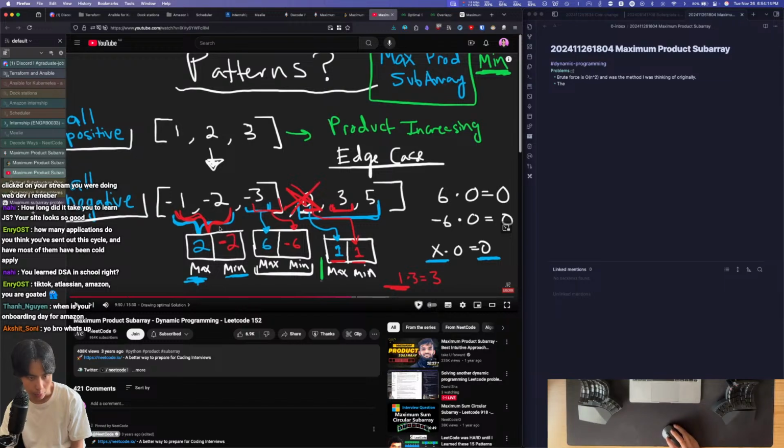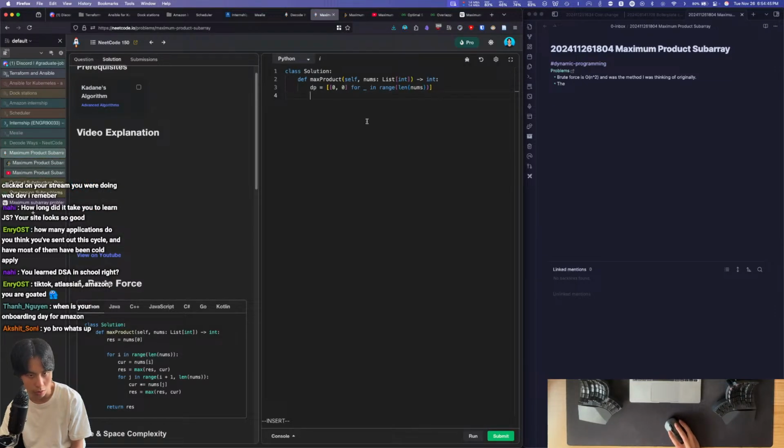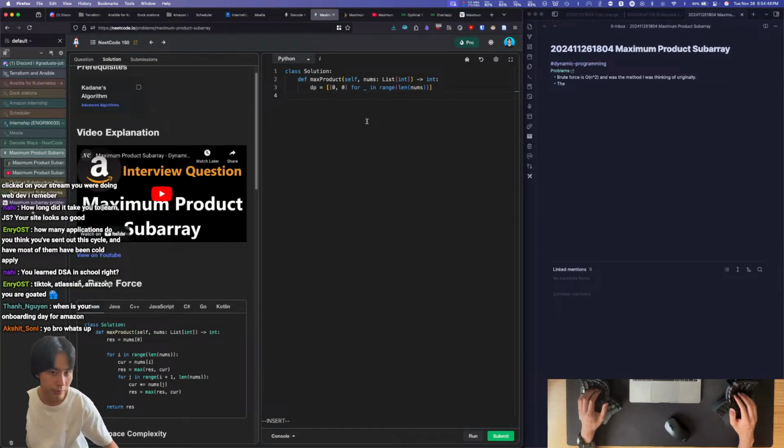But anyway, at -1, max and min are just going to be, okay, it doesn't matter what they are initially. They could be negative infinity, they could be positive infinity. It doesn't matter because they always get overwritten, I think, from my understanding. We'll have to look. All right, so I'm just going to leave it at 0, 0 for nothing in range len of nums. That means it's just going to be at most len of nums.